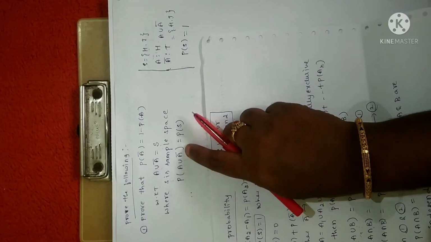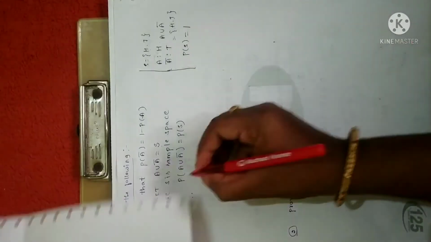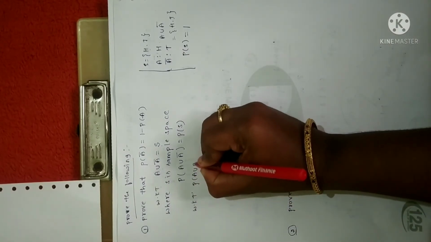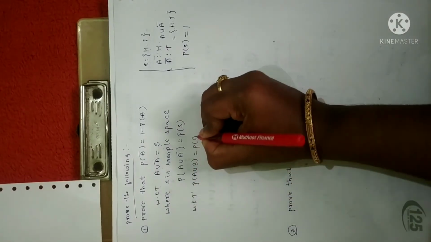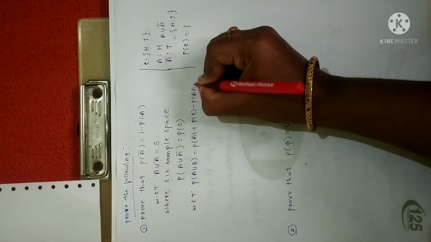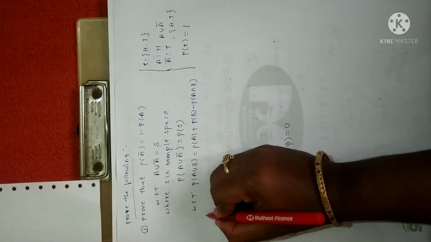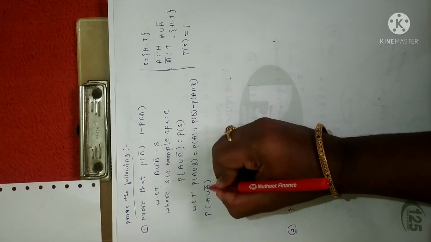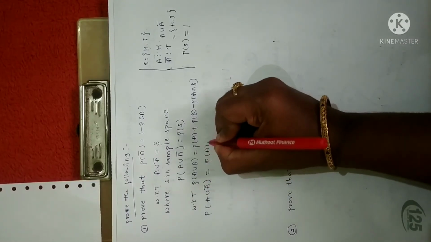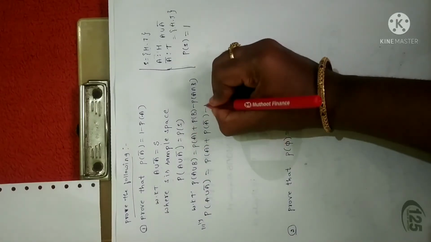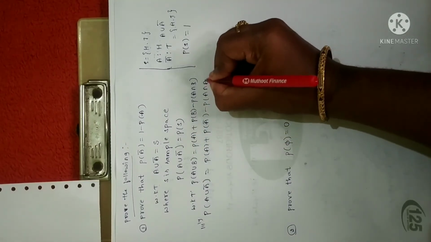Now what we need to find is probability of A union B. We know that probability of A union B is equal to probability of A plus probability of B minus probability of A intersection B. Similarly, replacing B with A bar, probability of A union A bar is equal to probability of A plus probability of A bar minus probability of A intersection A bar.